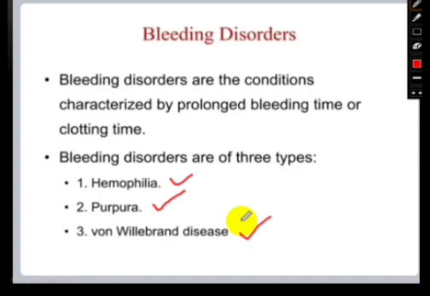That is a hereditary disease. The blood does not clot in time, so there's prolonged bleeding time. Very good. So a person that has hemophilia will have prolonged bleeding time because the blood doesn't clot in time when there is an injury, and that could lead to excessive loss of blood through bleeding from wounds.